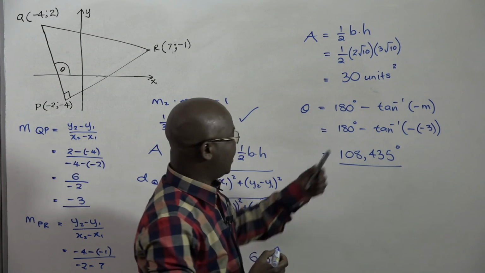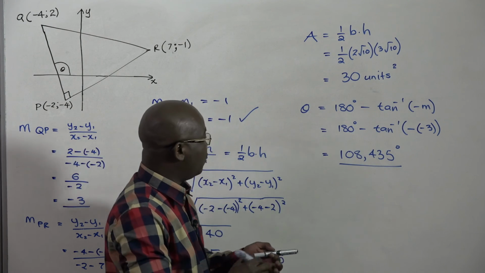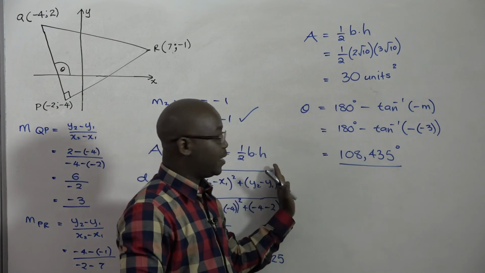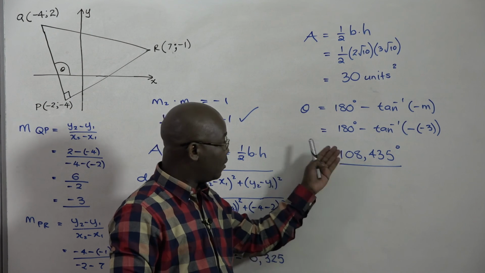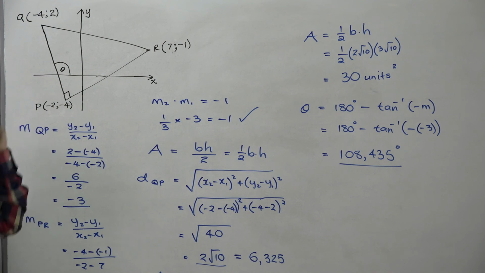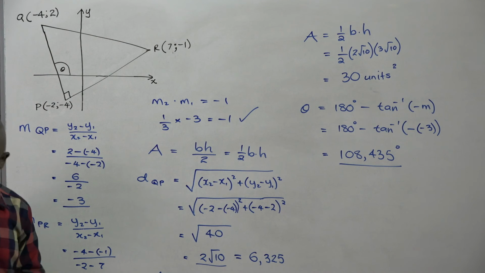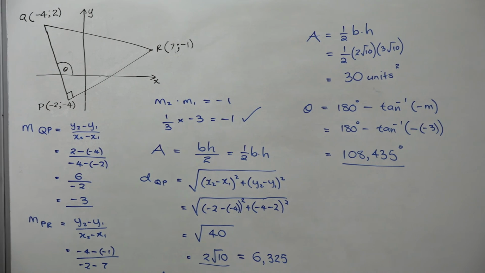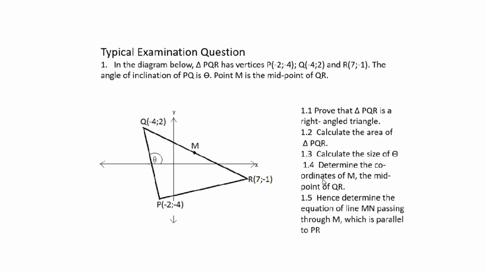And you can see this is an angle that exists between 90 degrees and 180 degrees. And therefore, it agrees with the fact that theta is an obtuse angle. Right. We are almost done. So be patient and continue to enjoy the lesson.